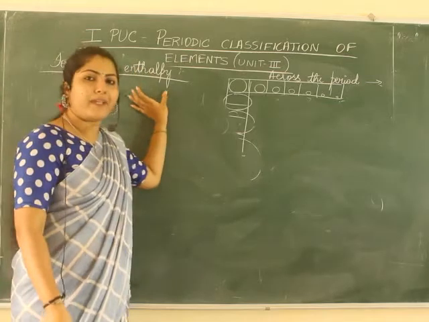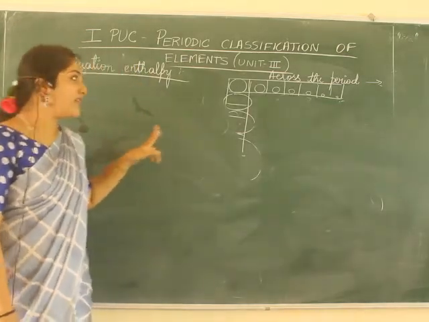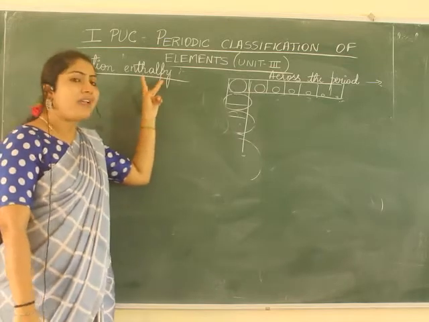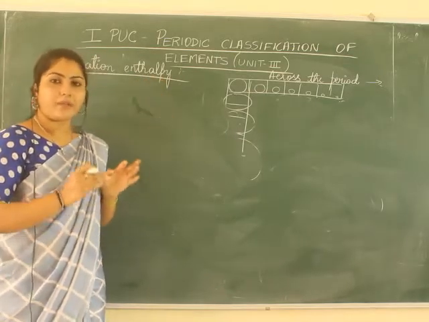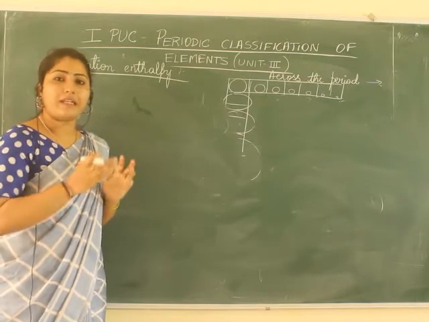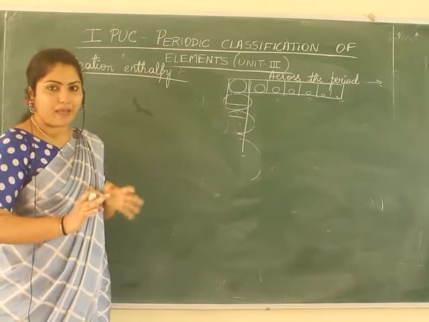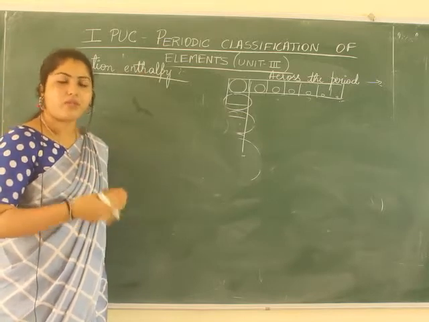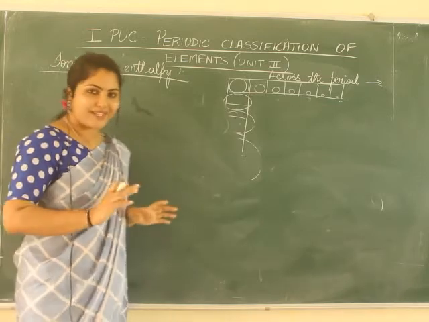About enthalpy in detail you will be studying in a unit called thermodynamics. In simpler words, it is related to heat changes. The measure where you consider the heat changes and express them comes under the term enthalpy. So don't worry about it. I will be explaining it in detail in the unit thermodynamics. You'll get to know about it.